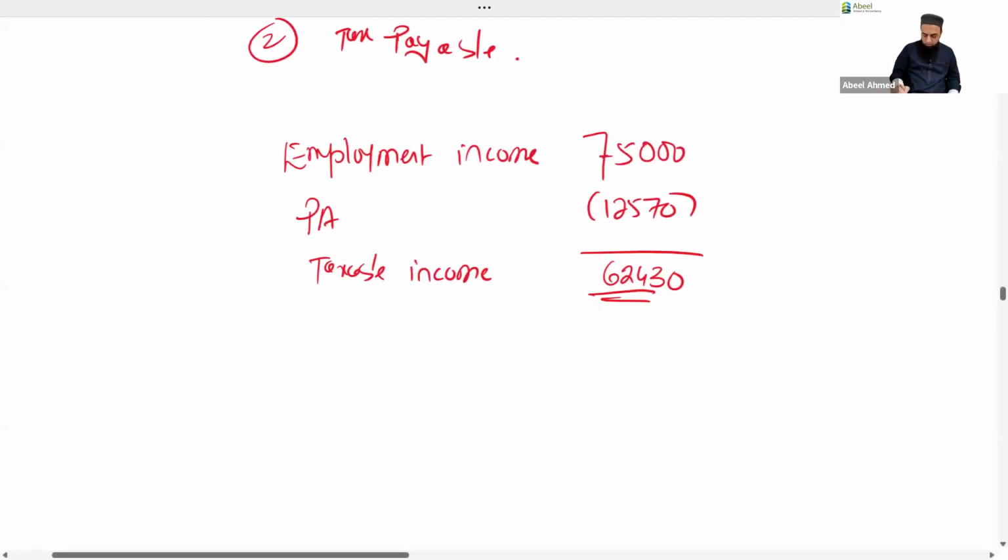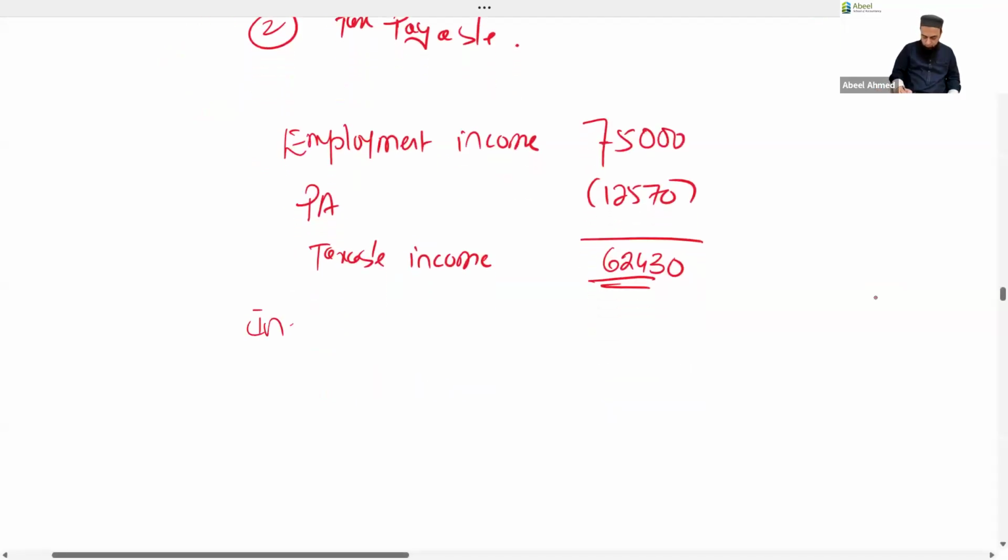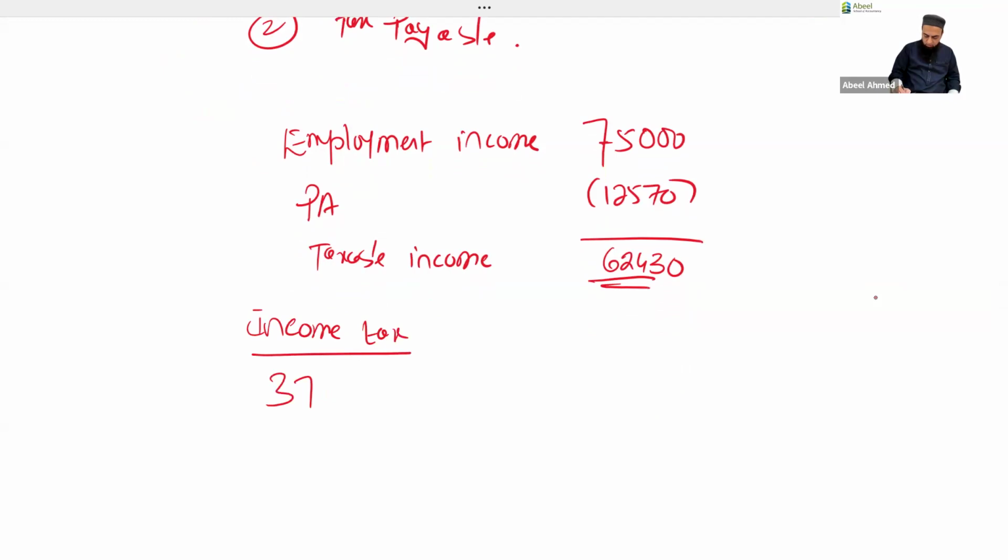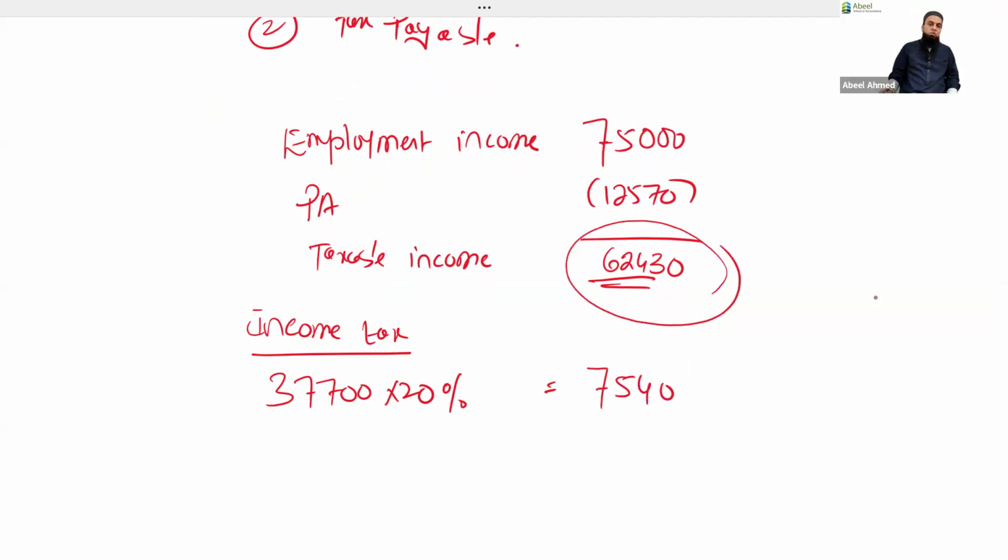Now let's calculate income tax liability. First, we'll utilize basic rate band 37,700 into 20%. I'm getting 7,540. Total taxable income of this individual is 62,430.